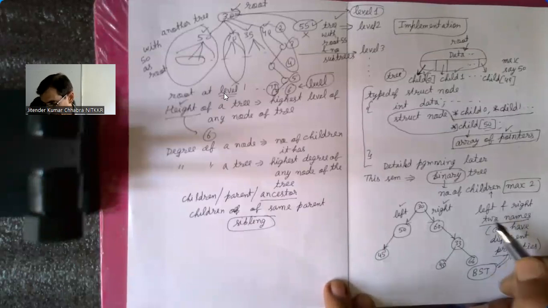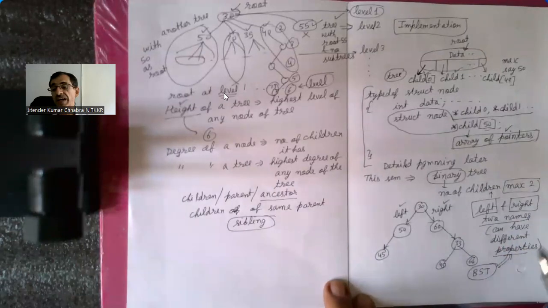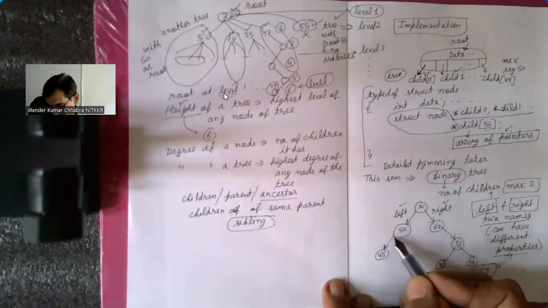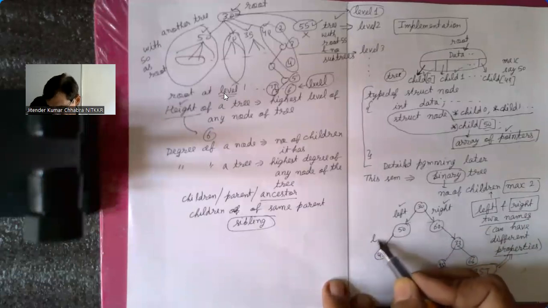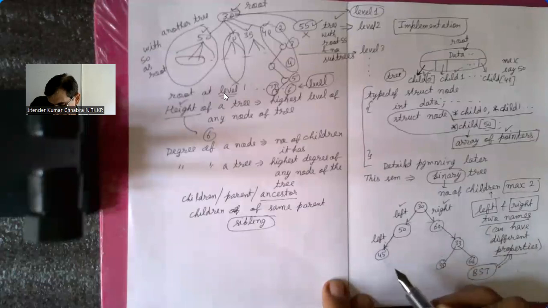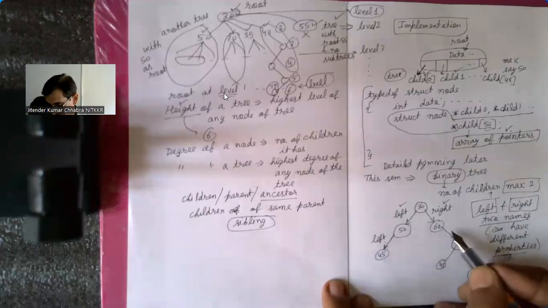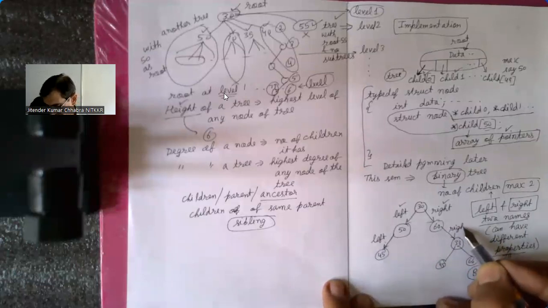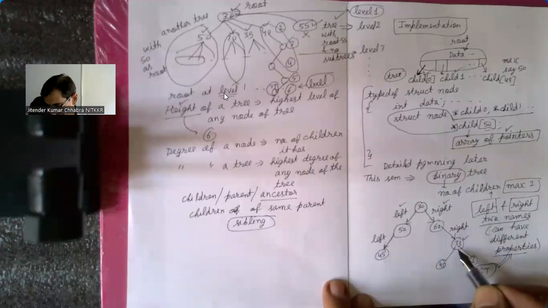Even if we don't differentiate, they will be guaranteedly referred to with 2 different identifying names. One will be called left, the other will be called right. And symbolically showing this, it means 50 has only a left child, 45, but 60 has only a right child, which is 33. 33 has both children again.